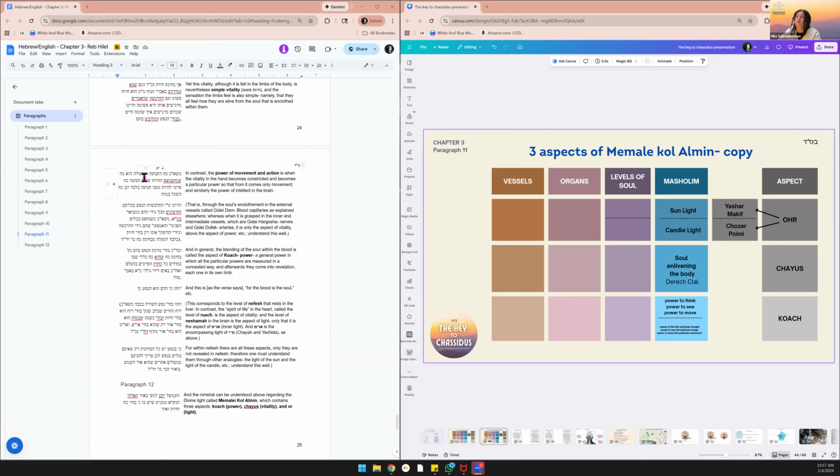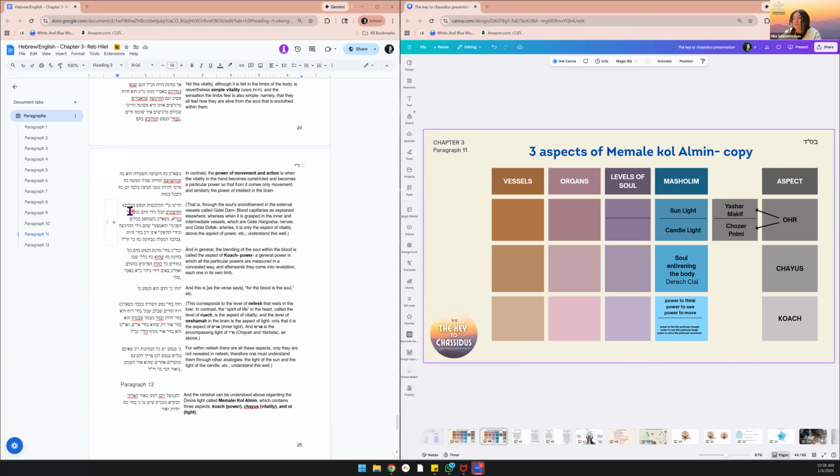In contrast, the power of movement and action, u'pu'ula, הוא מה שמצמצם החיוס שביד, ונעשה כוח פרטי להיות ממנו תנועה בלבד, וכן כוח השכל במוח. So in contrast, the power of movement and action is when the general vitality in the hand becomes constricted and becomes a particular power, so that from it comes only movement, and similarly the power of intellect in the brain. But that's what we're talking about, the first level of koach.